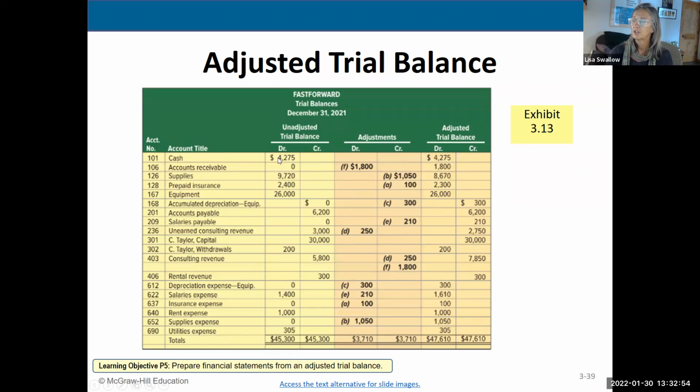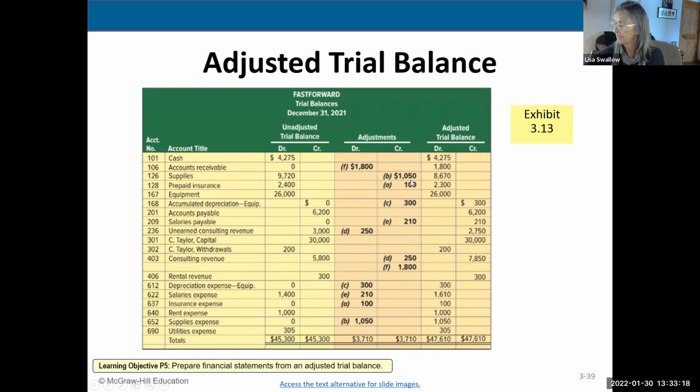And you can see here the way it works is, for example, I had a 0 beginning balance in my trial balance in AR. So 0 plus a debit of 1,800, I pull that over here, 1,800. Supplies, I started with a debit of 9,720. My AJE is a credit, so that goes against it, right?